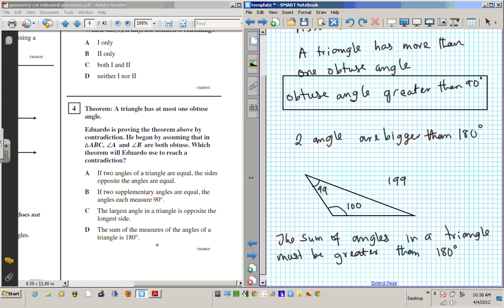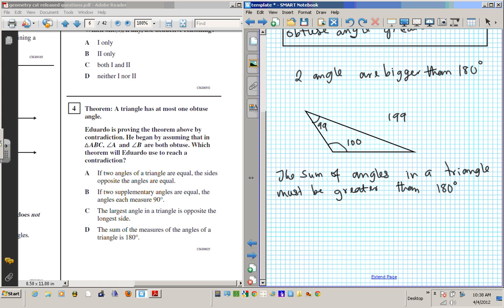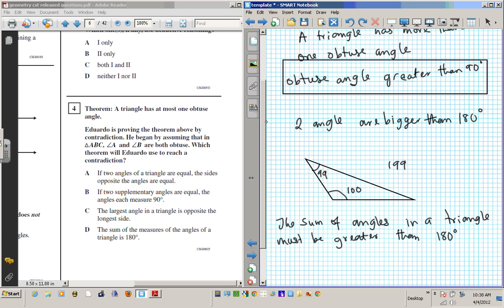This is a known fact, right? So this contradicts that. So this is a contradiction. So our assumption is false, and the original statement is true.